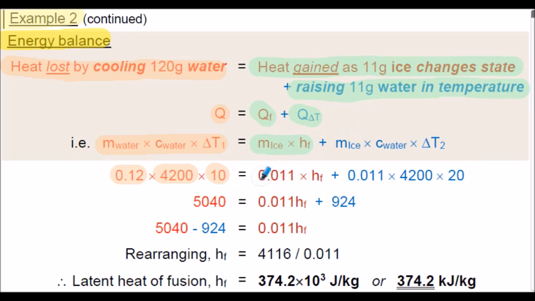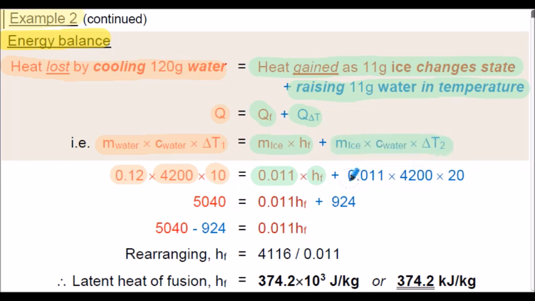We know the mass of the ice is 11 grams, that's in kilograms here. Specific latent heat of fusion we're trying to find, so that's HF. The calculated change in temperature of the 11 grams of ice, that's MC delta T2 here.